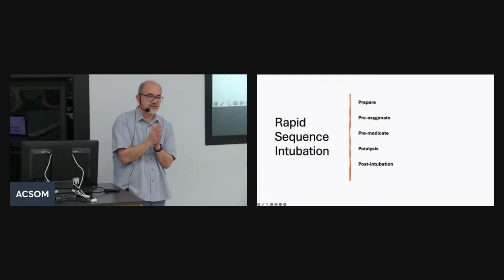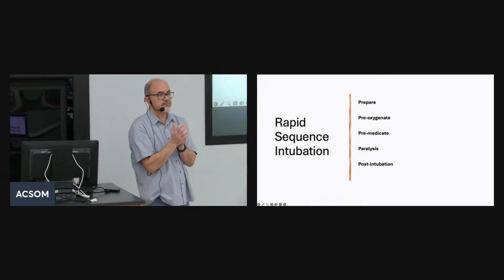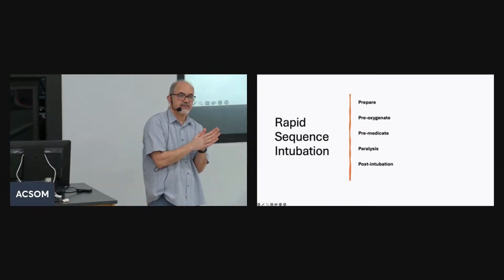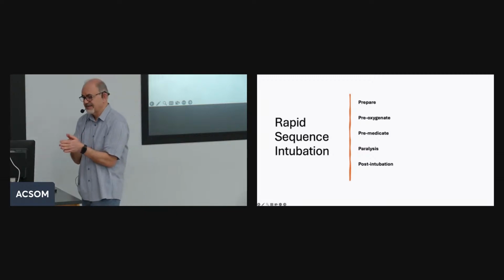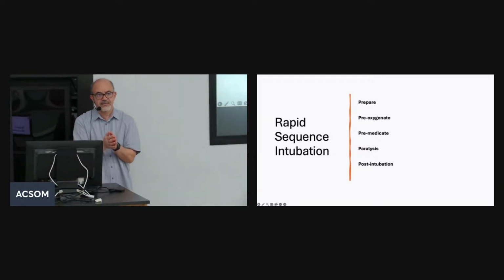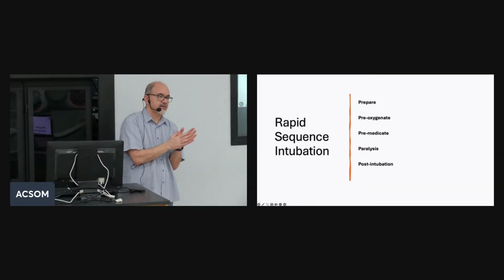Then pre-medicate. There are two types of medications we give to patients before intubation. One is sedation, either etomidate or ketamine, something to sedate the patient, and then paralyze them. You need to paralyze them in order for all the muscles in the mouth, larynx, and neck to relax, so the tube can be safely passed. And you don't want to paralyze someone before sedation, right? So you have to sedate first, then paralyze them, and now you're ready to intubate, and you pass the endotracheal tube.